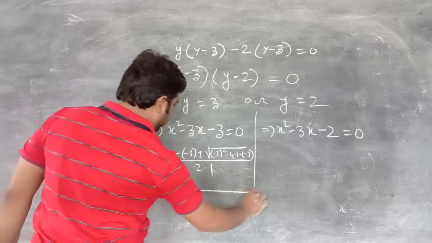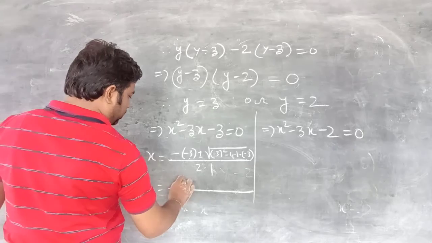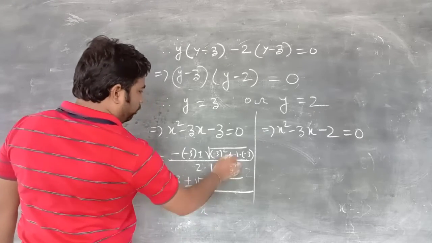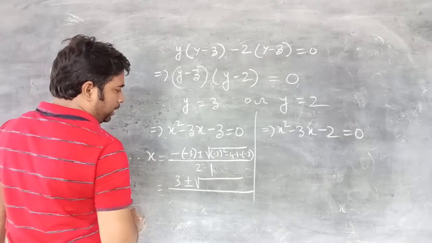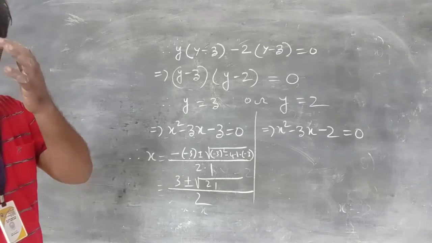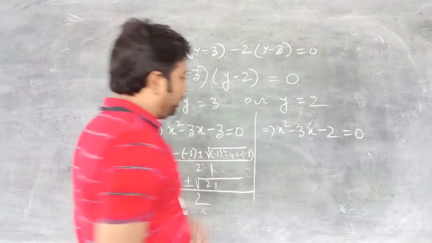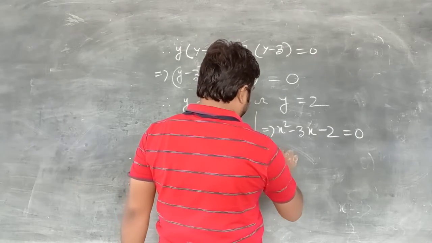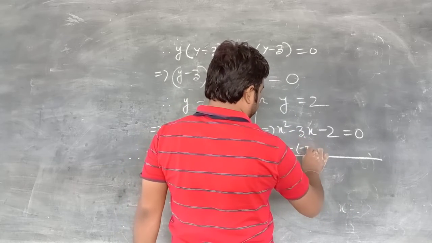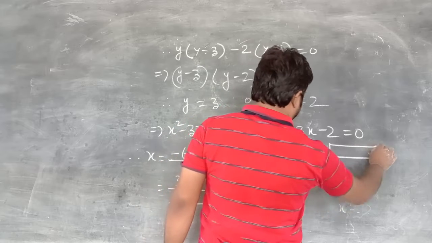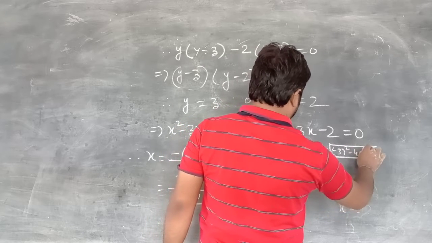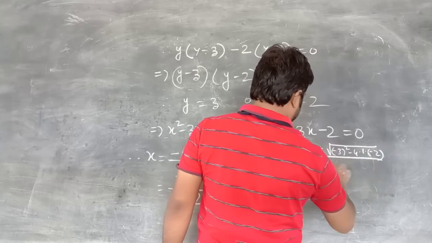So this is equal to how much? Plus minus, minus minus plus, so this is 3 plus minus square root of 9, 4 into 3 is 12, 12 plus 9 is 21, by 2. So this is one of the sums. Okay, so if we find the value of x from here, x equal to how much? Minus b plus minus square root of b square minus 4a into minus 2, by twice a.